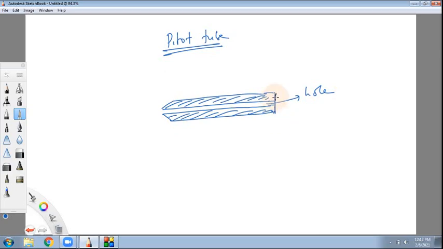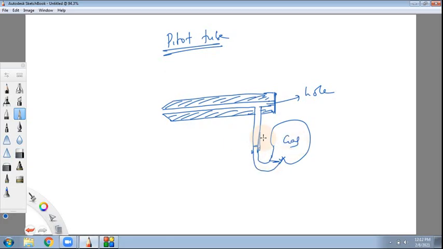It is a dead end, and you may have some construction here to measure the static pressure. Maybe it could be connected to a tube, which can be connected to mercury, which is connected to some other gas or something here.